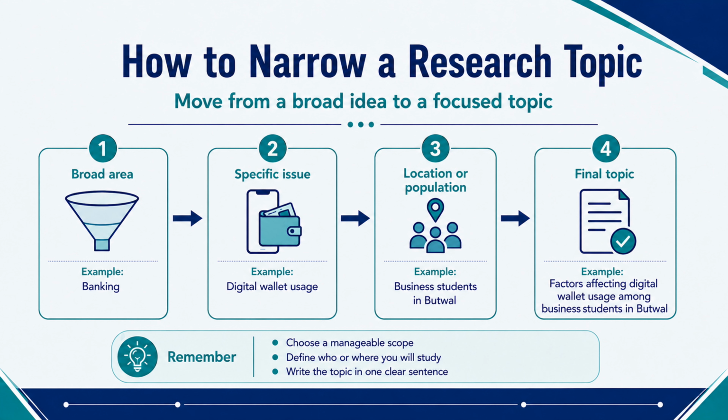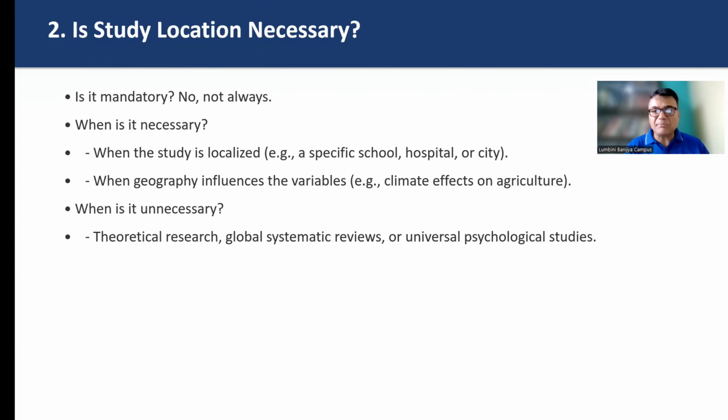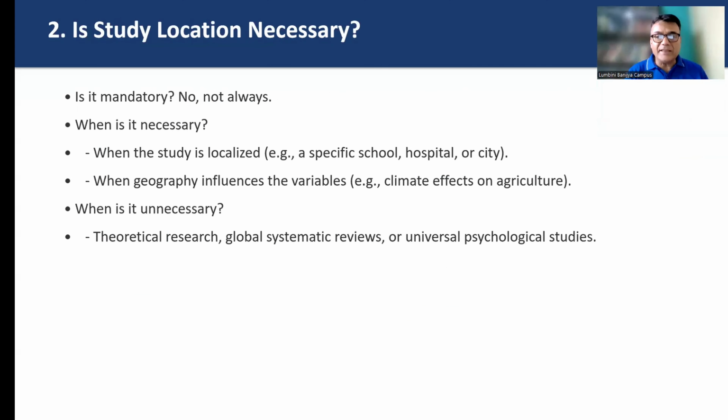Now there is a question about whether it is necessary to mention the location in the research title or not. I would say it is not mandatory or necessary, but it depends on the context and the situation. When is it necessary to mention the location?